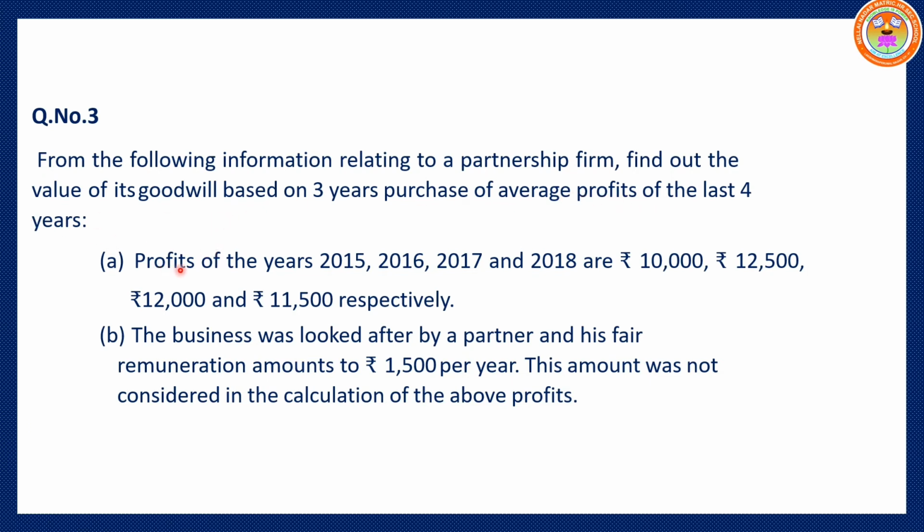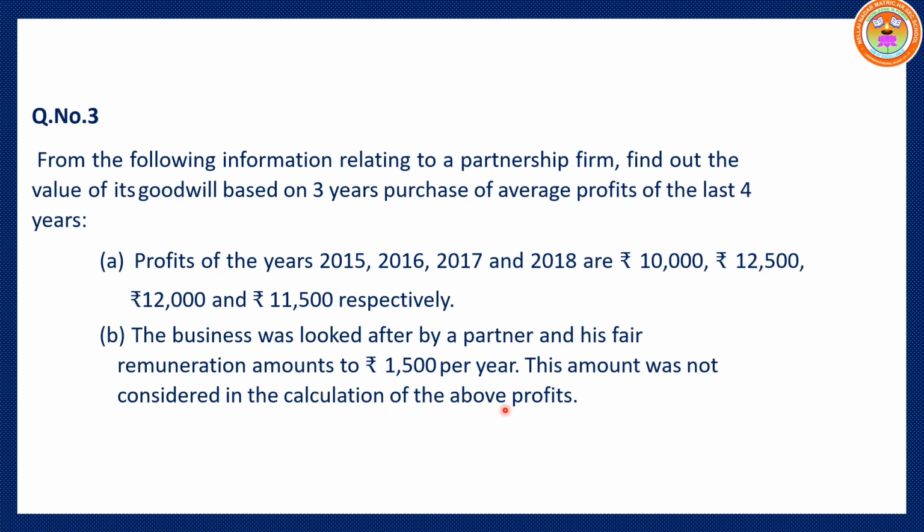The profits of the years 2015, 2016, 2017 and 2018 are 10,000, 12,500, 12,000 and 11,500 respectively. So profits for all these 4 years are given here. The business was looked after by a partner and his fair remuneration amounts to rupees 1,500 per year. This amount was not considered in the calculation of the above profit.